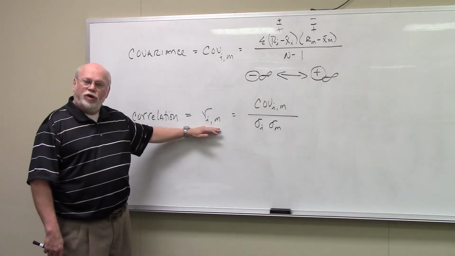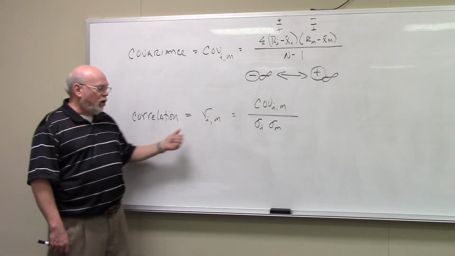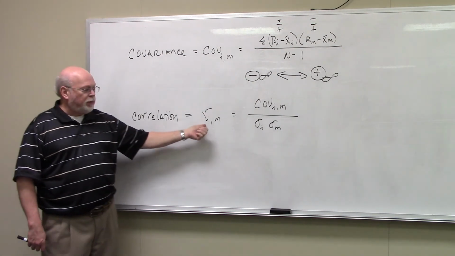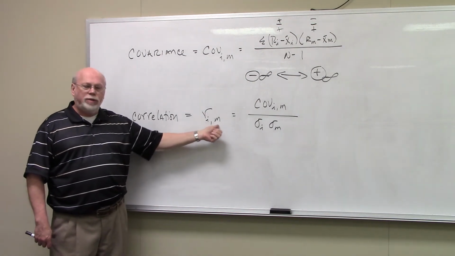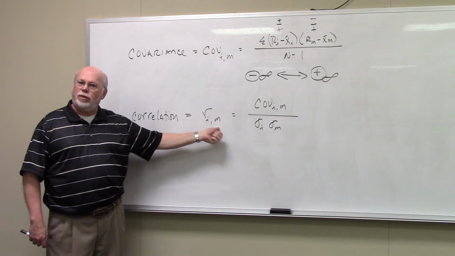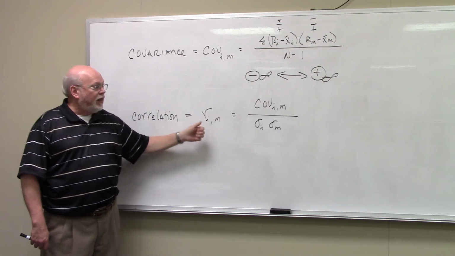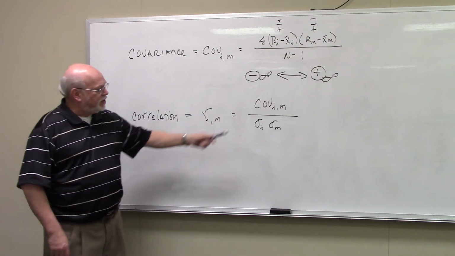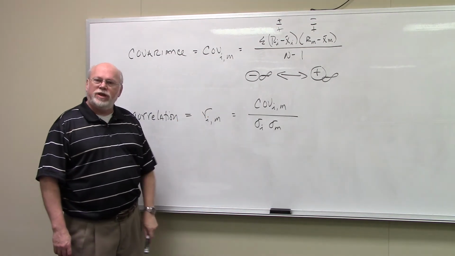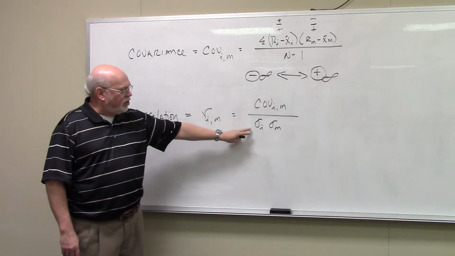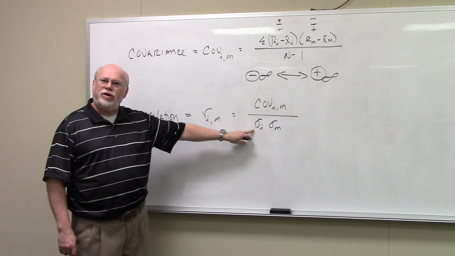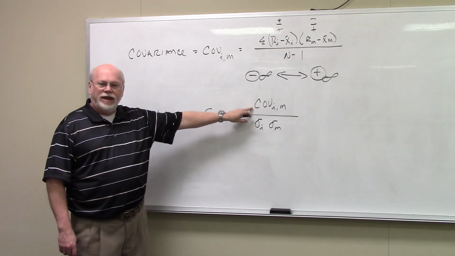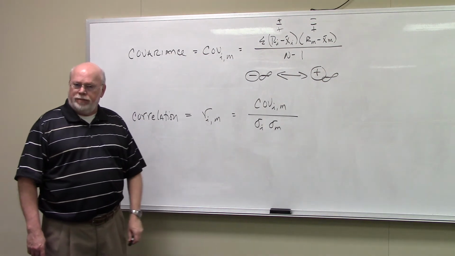And a normalized covariance term is indeed the correlation statistic, the small r. And that can only be done between two sets of numbers at a time. To calculate the correlation coefficient, you take the covariance between the stock and the market, and you divide it by the product of the standard deviations. That is, you multiply the standard deviations together and divide that into the covariance term.